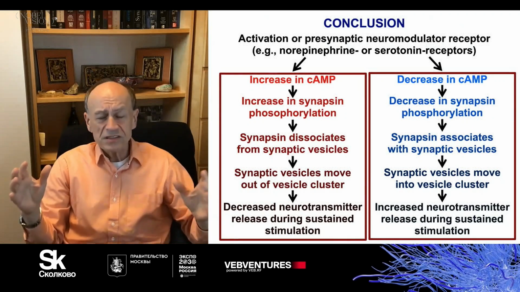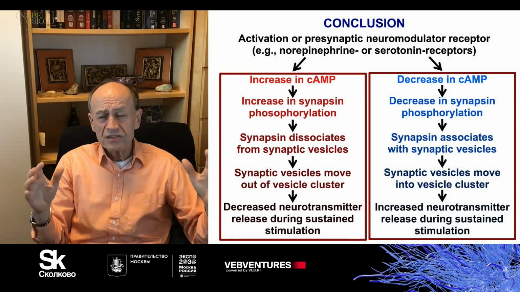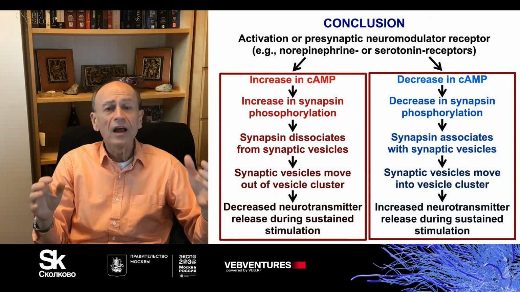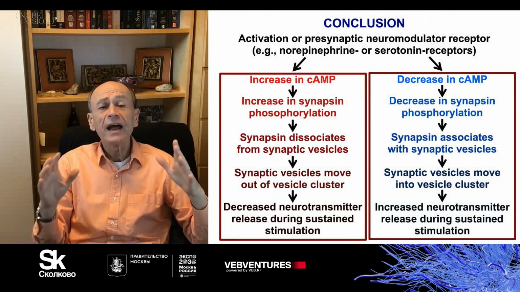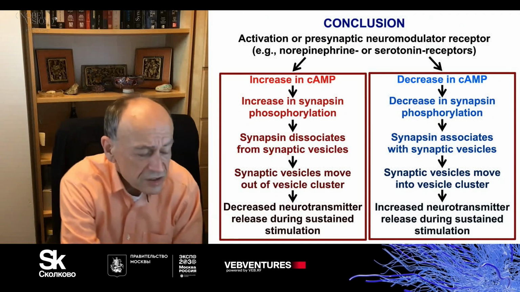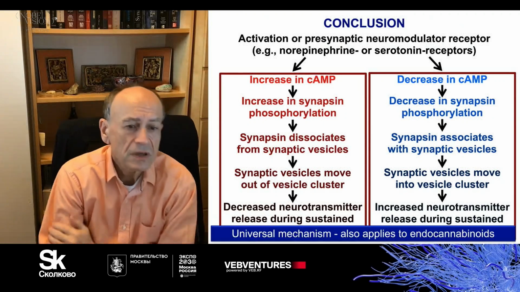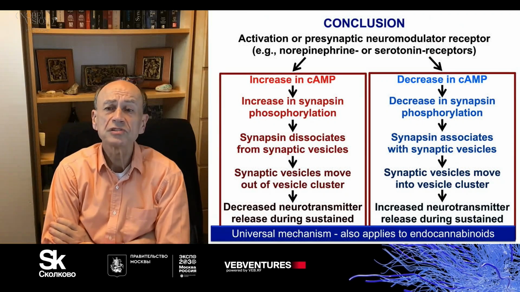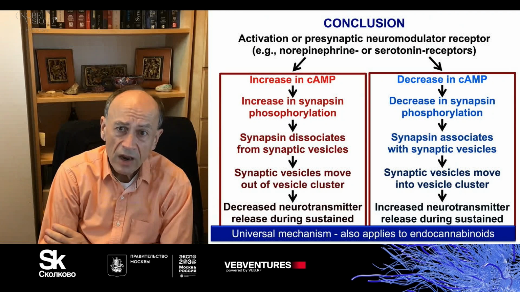And this mechanism of regulation is absent in patients where there is a mutation in synapsin 1 that causes autism and intellectual disability, suggesting that this is a universal mechanism that is important for understanding neuropsychiatric disorders.